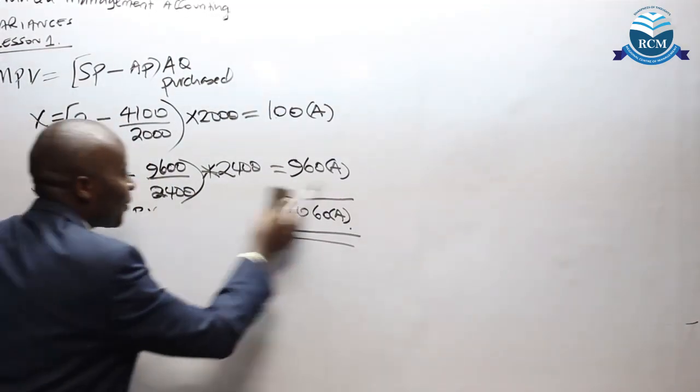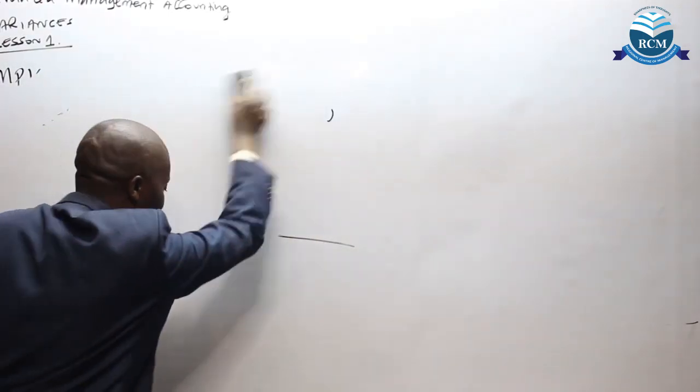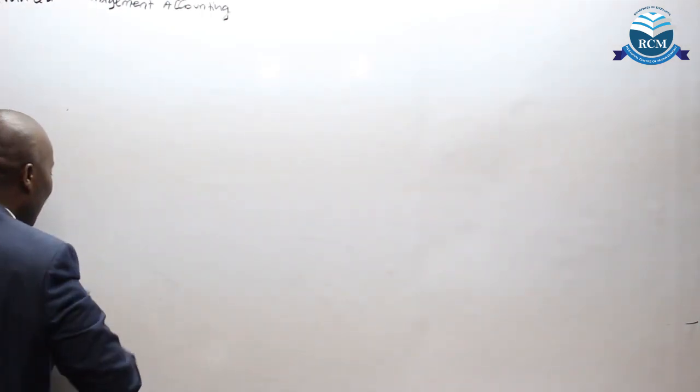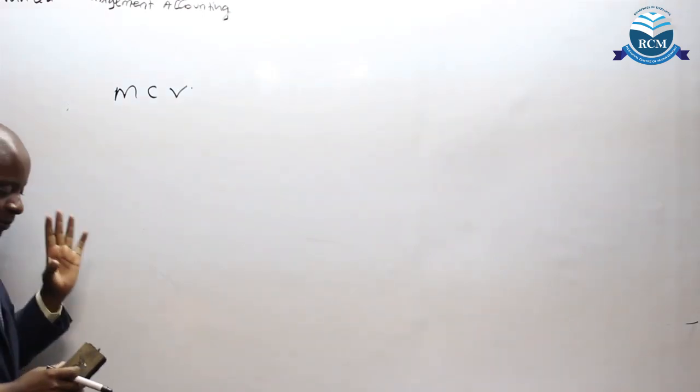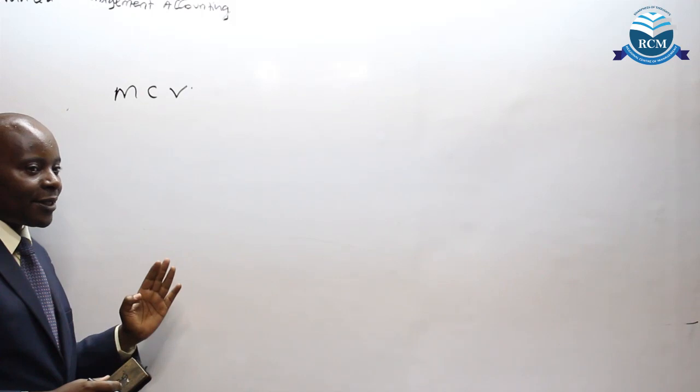Now, before I tackle the material mix variance, I would want us to go back a little bit. Remember, the grandfather of these material variances, we normally call it what here? Material cost variance.